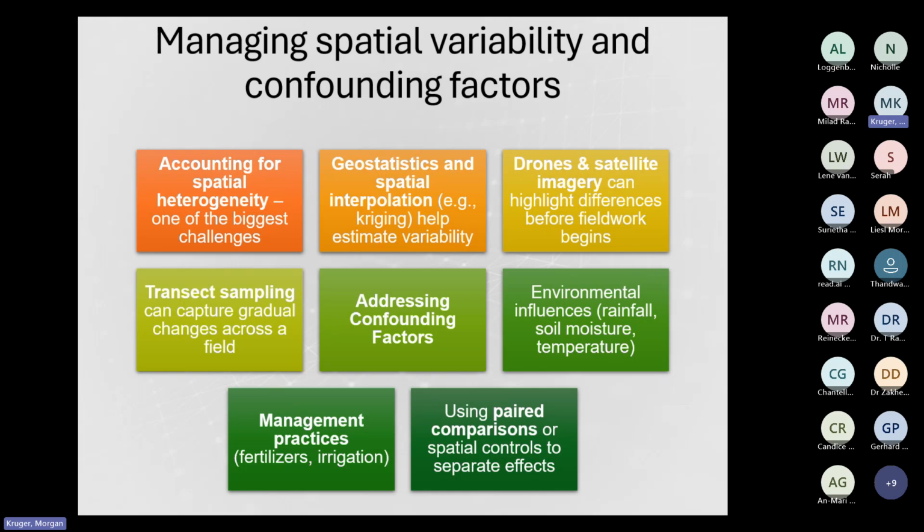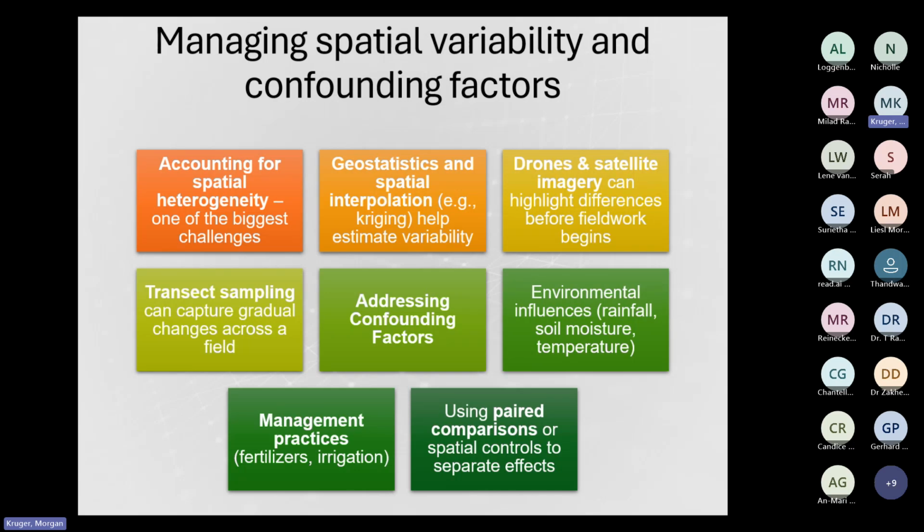At the same time, it's crucial to account for confounding factors like environmental influences, rainfall and temperature. You could consider things like management practices, fertilization, irrigation. All of these factors can maybe mask or exaggerate the effect of other variables in your models.